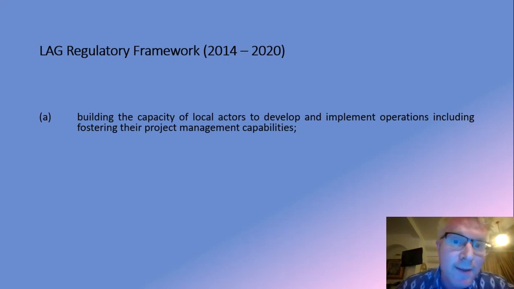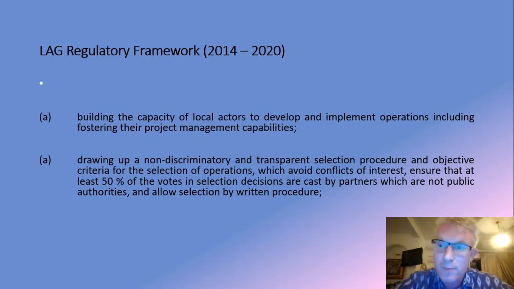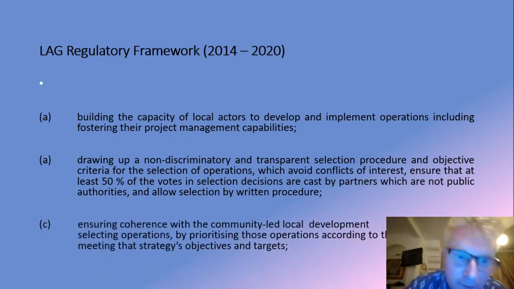So insofar as they should build the capacity of local actors to develop and implement operations, including fostering their project management capabilities. It should be drawing up a non-discriminatory and transparent selection procedure and objective criteria for the selection of operations which avoid conflicts of interest, ensure that at least 50% of the votes in selection decisions are cast by partners which are not public authorities, and allow selection by written procedure.